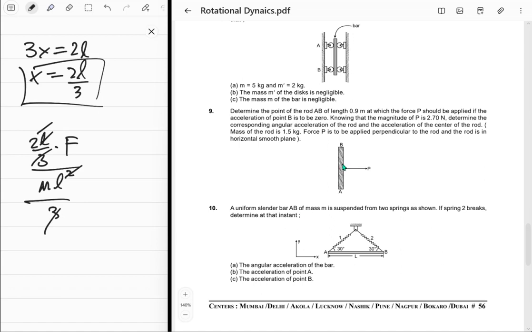What they want is the acceleration of the center of the rod. Just multiply by L upon 2, right? So you get 2F upon ML, that times L upon 2. Of course, it's only F upon M, as expected.